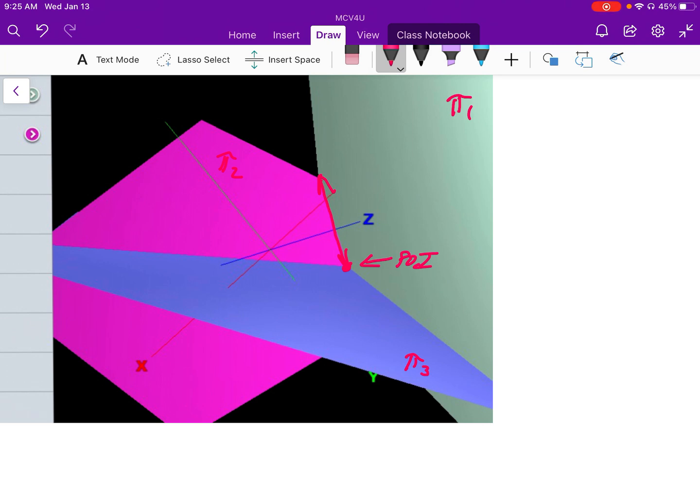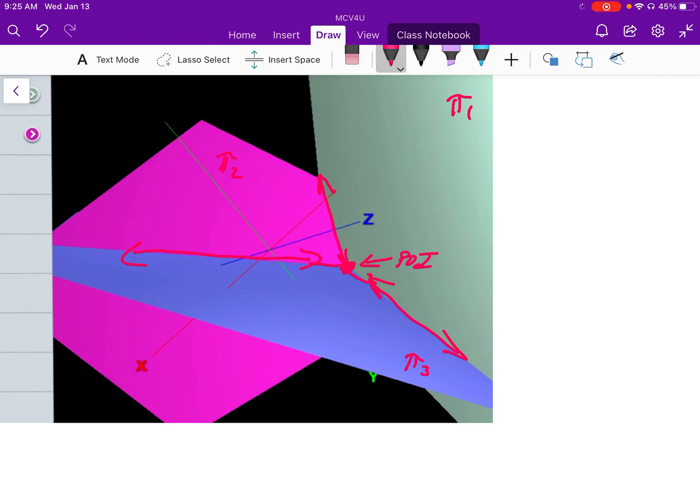See how it hits there? You can use this line of intersection to come up with the same point because it goes through pi 2. Or you could use this line of intersection to hit that unique point because it goes through pi 1.